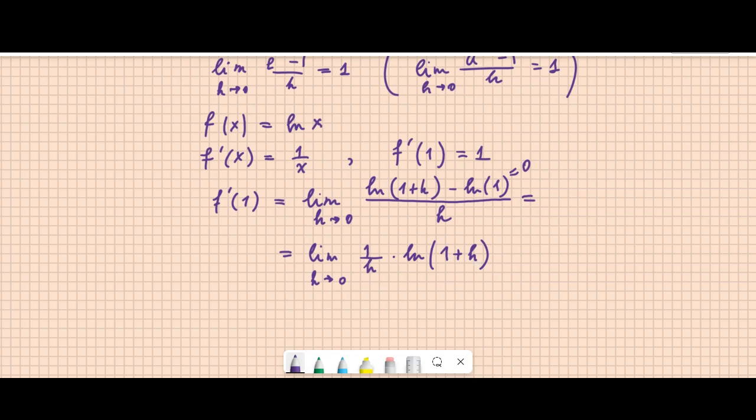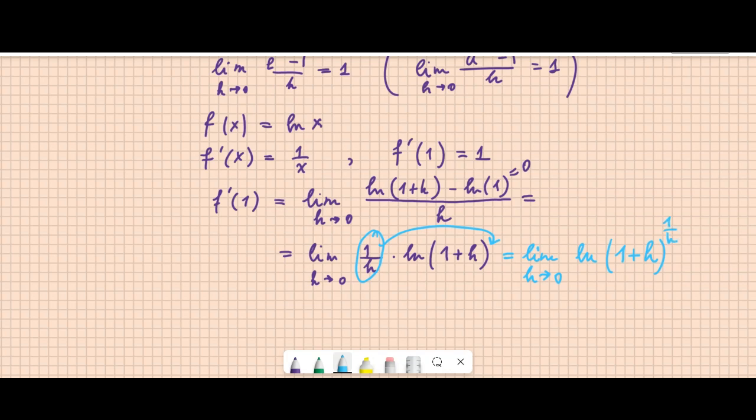Why did I do this? Because I'm planning to use logarithmic rules, and I'm planning to bring this 1 over h into the power of this function. So I'm going to write it down like this: limit as h approaches 0 of ln of (1 plus h) to the power of 1 over h.